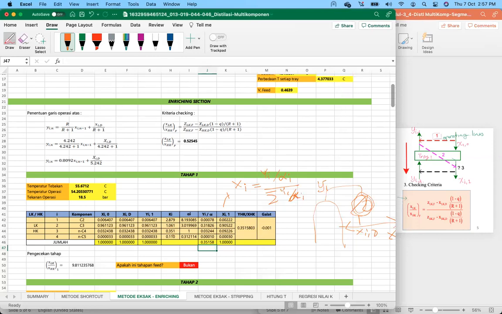If it is right, then your tray is fine. But if it is not right, then you have to use your new KHK to find the new temperature.